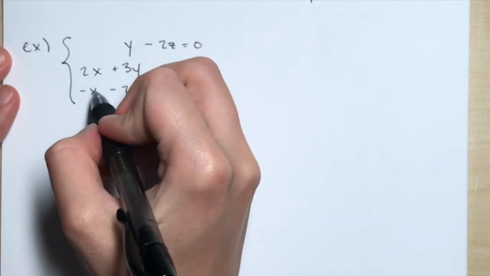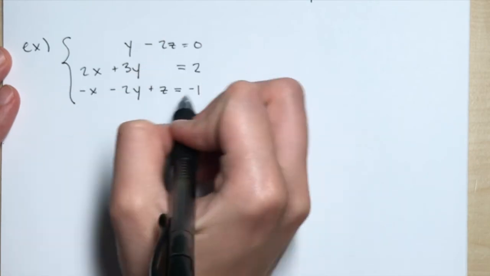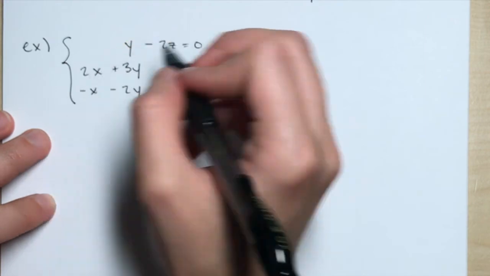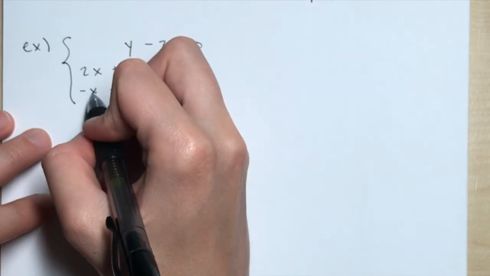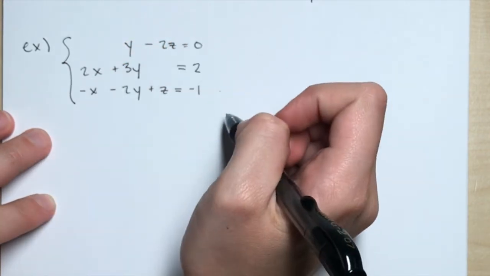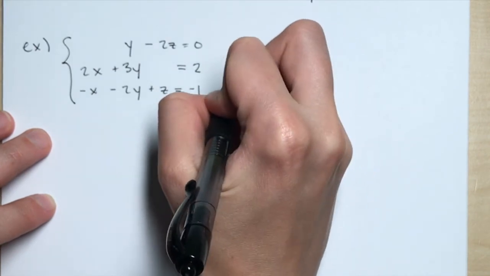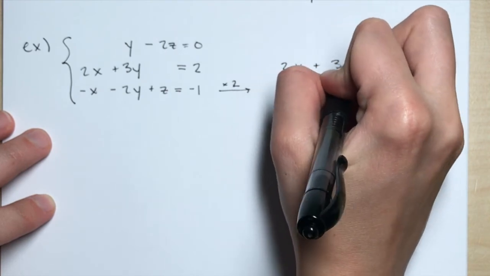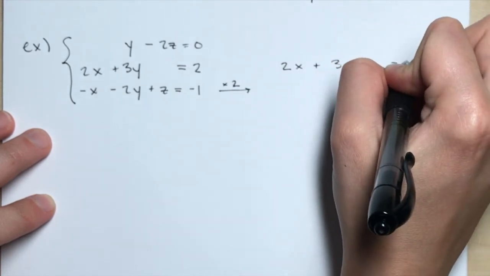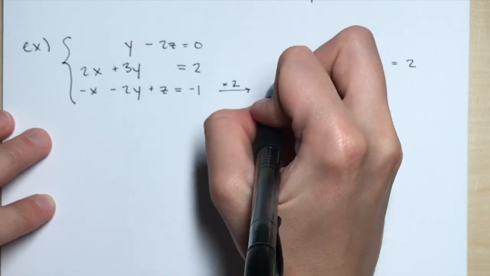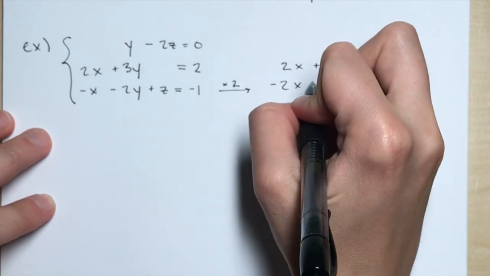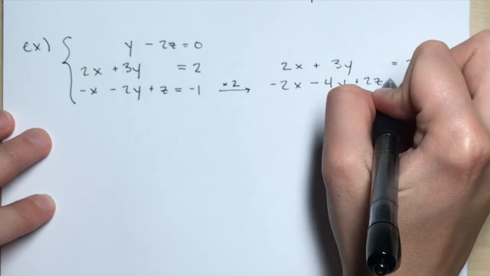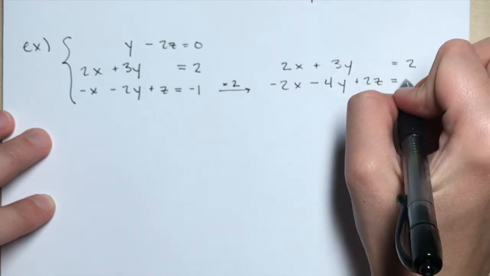Let's just eliminate x over here. We've already got opposite signs. Let's try and eliminate x here. I already have opposite signs. How can we make this -2x? Well, we just have to multiply by 2. So I've got 2x plus 3y equals 2. And I've got -2x minus 4y plus 2z equals -2.